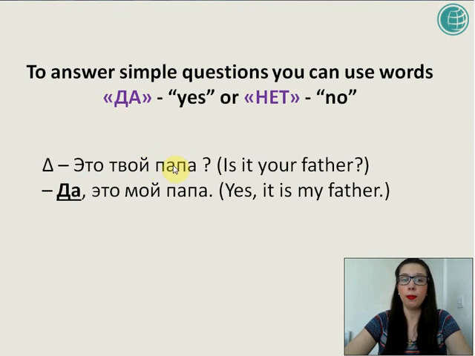Это твой папа? Is it your father? Да, это мой папа. Yes, it is my father. Or you can answer just да. Это твой папа? Да. Yes. I would say the short answer is more common in Russian language because we normally don't answer in a long way, but we will still have to learn it.